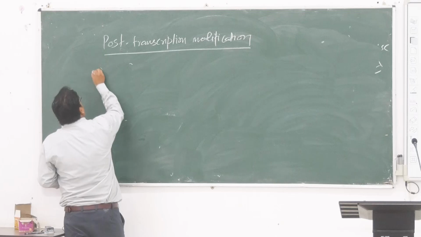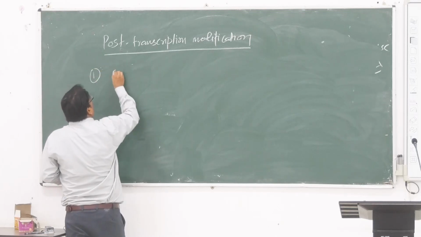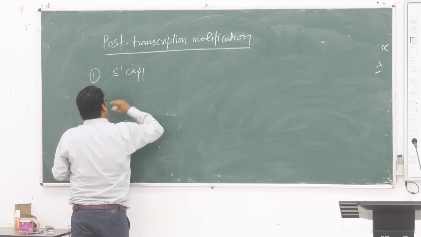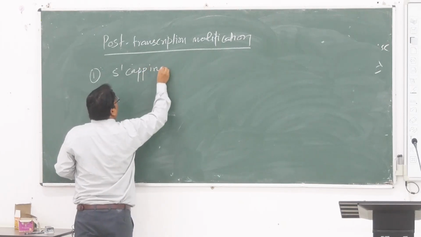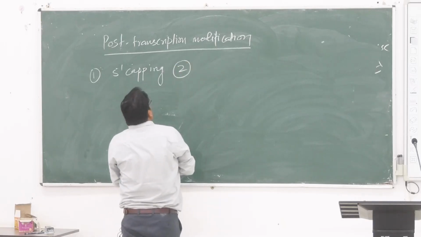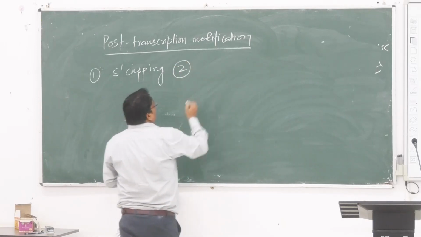The first one is 5' capping. Second one is formation of the poly-A tail.